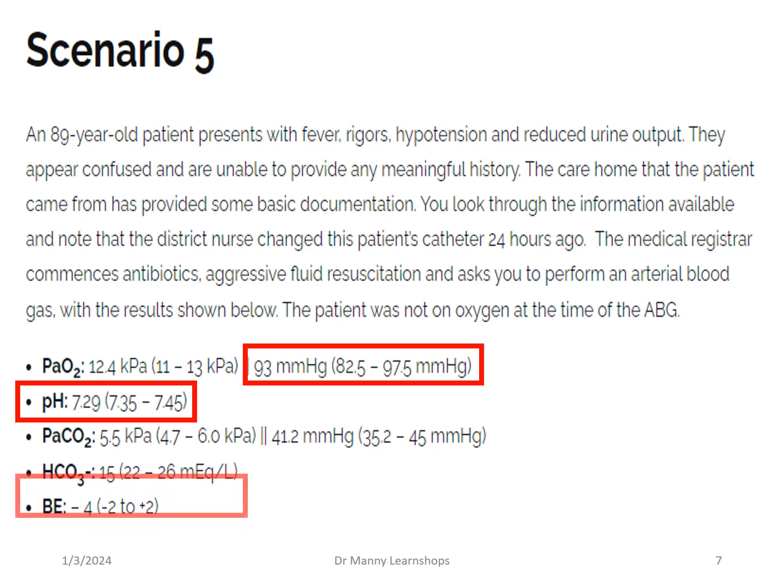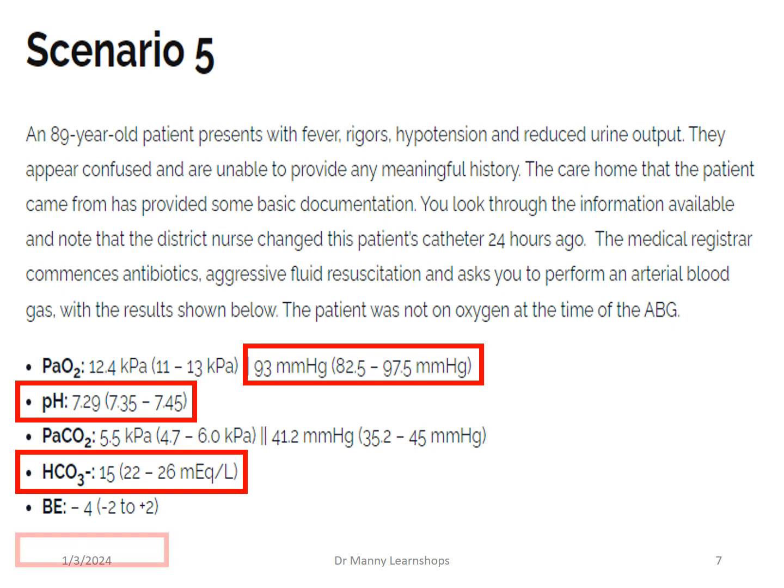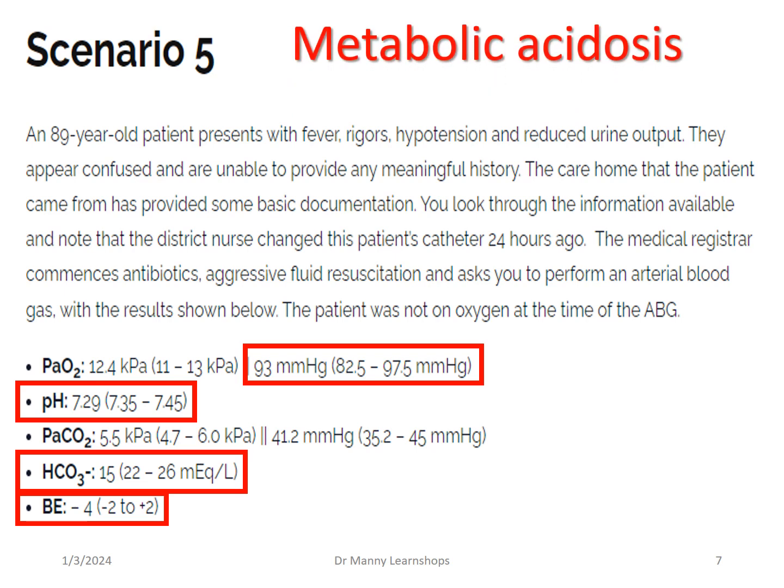When you look at the other parameters, you note that the serum bicarbonate is low, indicating acidosis. You look at the base excess, which is also low, indicating acidosis. The PaCO2 is essentially normal. So what's our interpretation of this blood gas? The blood gas is a metabolic acidosis.